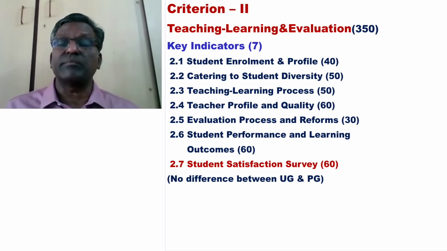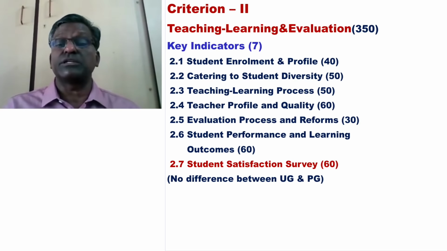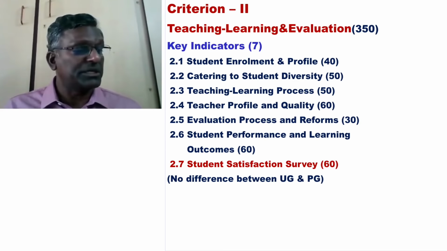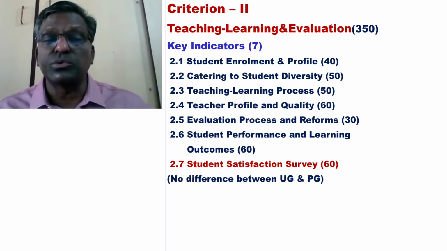It carries the maximum weightage, 350. So therefore, affiliated colleges and constituent colleges should focus on this particular criterion because this carries the maximum weight. If they score well with reference to this criterion, then they can ensure that they will do well.